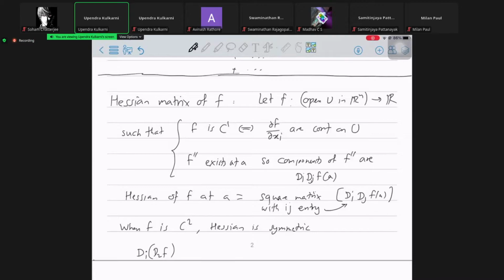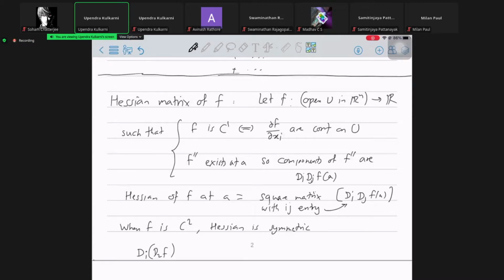But I'm going to apply the Hessian only to a function, at least as far as I know at the moment, that has a double derivative at a. But if you have a total double derivative at a, in that case f prime has to be continuous in order to calculate its derivative.